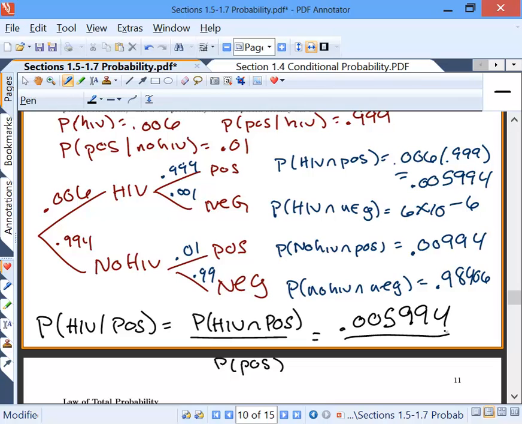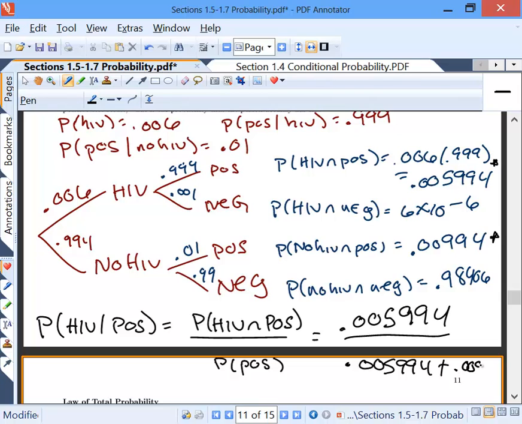They didn't give us the probability of positive, but how can I find it with my tree diagram? Just find everything that has the positive and add up those probabilities. So 0.005994 plus 0.00994.